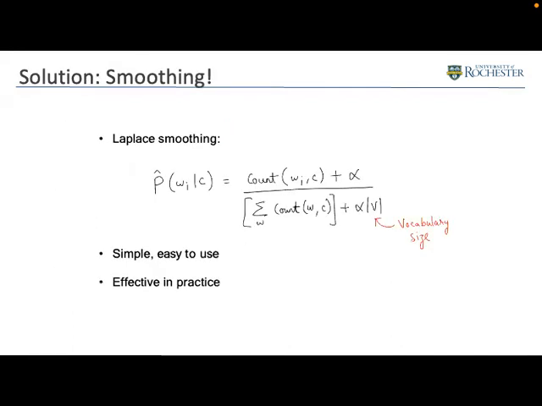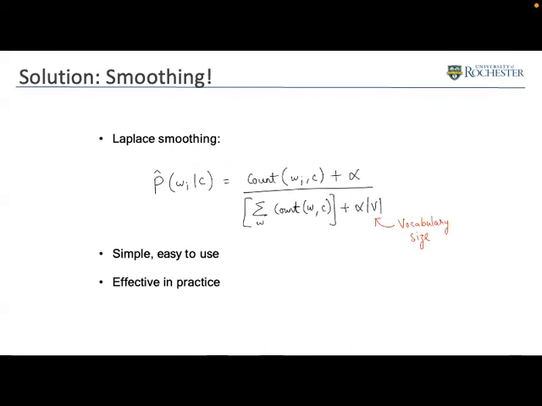What does it mean to be smoothing? If we have some 0 terms, we just add some very small value, alpha. Maybe alpha can be 0.01, or 0.00001. As long as it is larger than 0, then using this Laplacian smoothing, the probability will no longer be 0, and it will be helpful for our calculation.